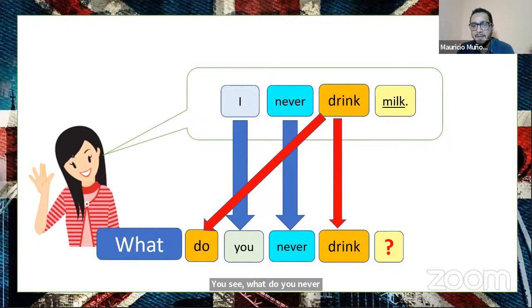La respuesta la tengo que formular dando la información o contestando esta pregunta que me dice qué cosa. Que nunca bebes. I never drink milk. So basically we use the word what at the beginning of a question. Alright, let's move on.